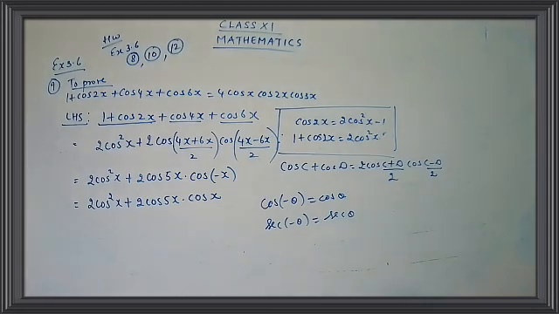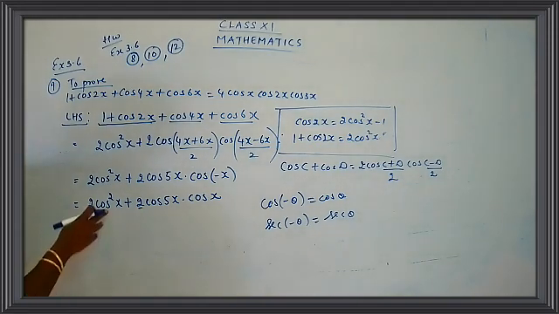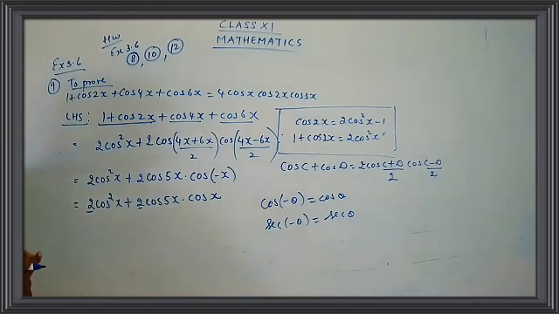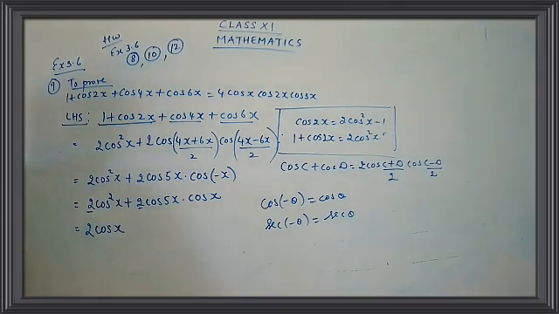So now what are you going to do here? We have to just see whether we have any common part over here. Just see, we have two terms where we have 2 common, and this is cos square x and this is cos x. That means I can take 2 common and I can take cos x common. So I get here 2 cos x as common. When I take 2 common and cos x common, what is left here?